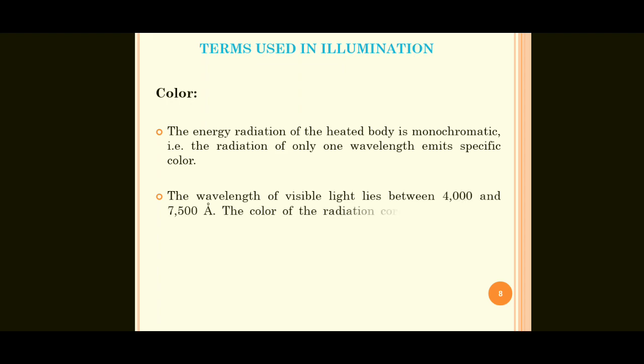So the wavelength of visible light lies between 4000 and 7500 angstrom units. The color of the radiation corresponding to the wavelength is shown in figure 1.